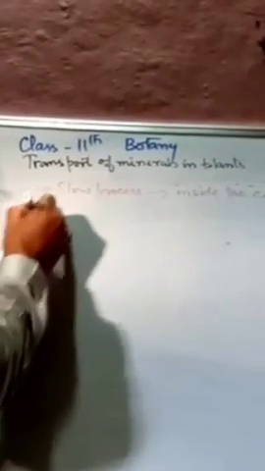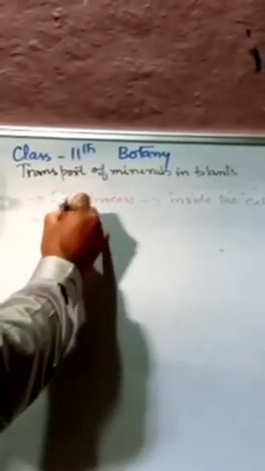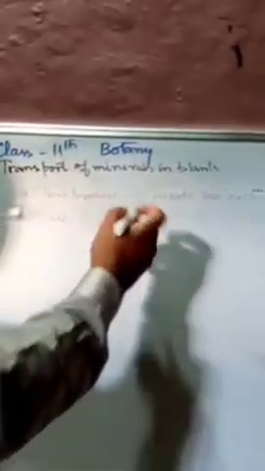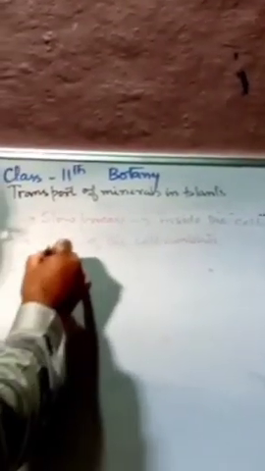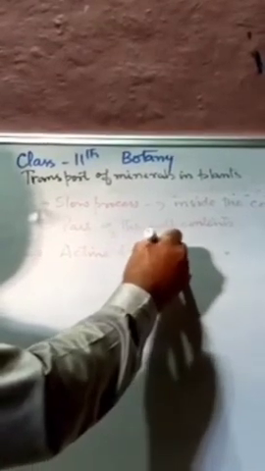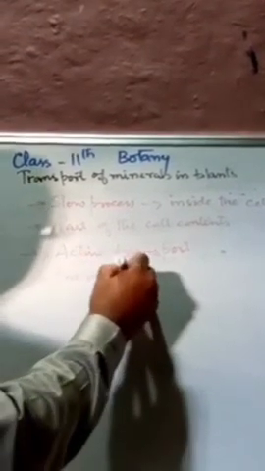Here the minerals become part of the cell contents. When they move inside the cell, they become part of the cell contents. The third point is that it is active transport, which means energy is required in this part.